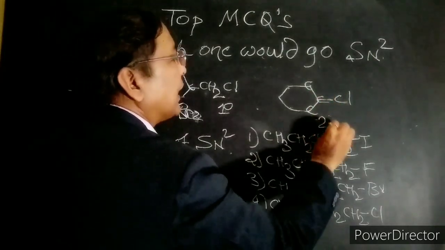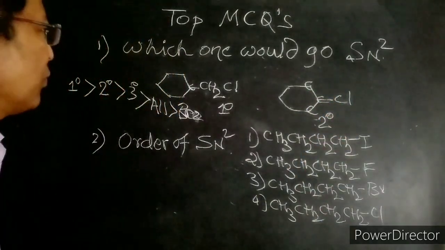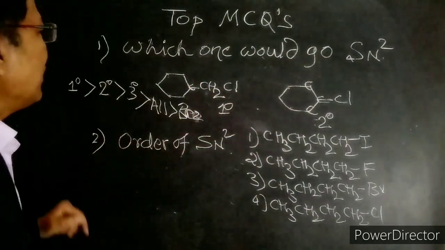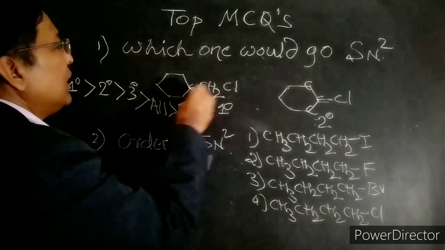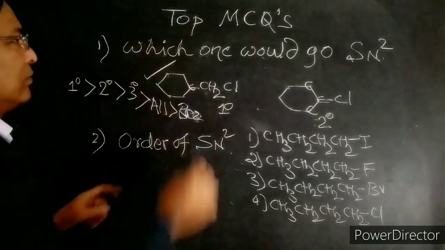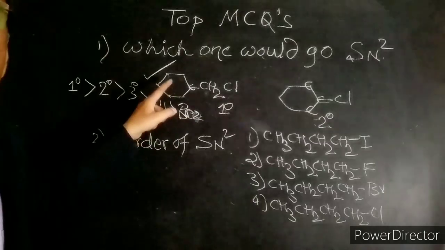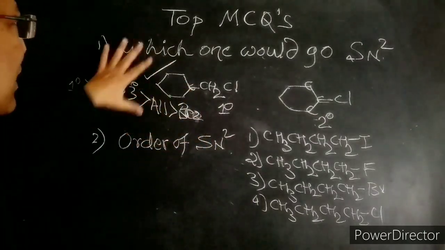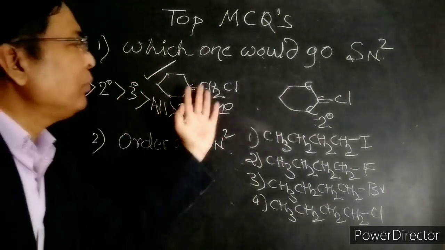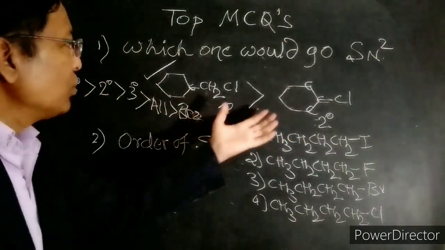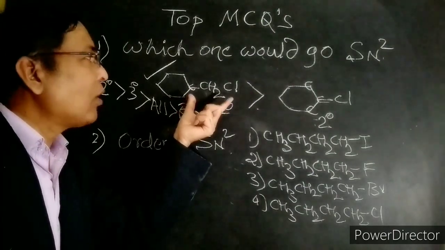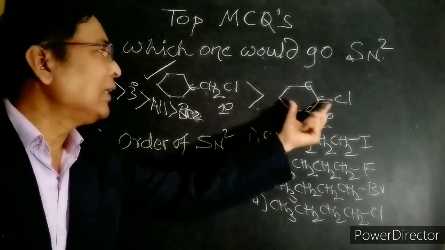Therefore, this is a secondary alkyl halide. SN2 reaction is favorable in primary alkyl halide. Therefore, this molecule would go SN2 reaction. And if they ask what is the order of SN2 reaction between these two, then you have to show that this molecule will go SN2 reaction more readily than this.